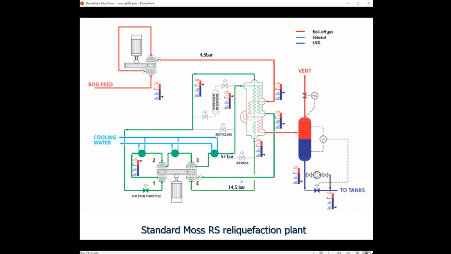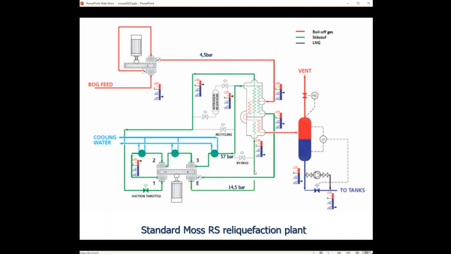Then it goes to an expansion, and that expansion is the propulsion for the third compression. That is the reason why it is connected here. So we go to an expansion from 57 bar to 14.5 bar.